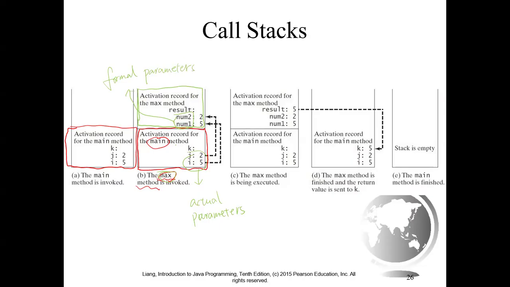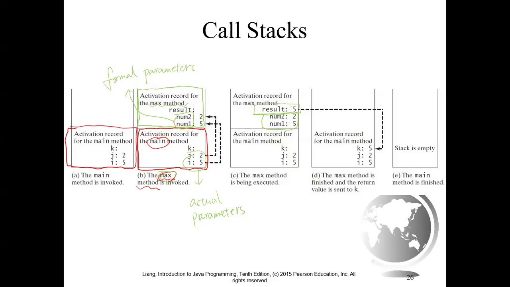We say this number 2 and number 1, they are formal parameters. When the main method is calling the max method, the actual parameters will pass to the max method for the formal parameters. That means number 2 will be taken by the 2 and number 1 will be taken by the 5. And once the 2 and 5 are set, the result here will do the logic and make comparisons.